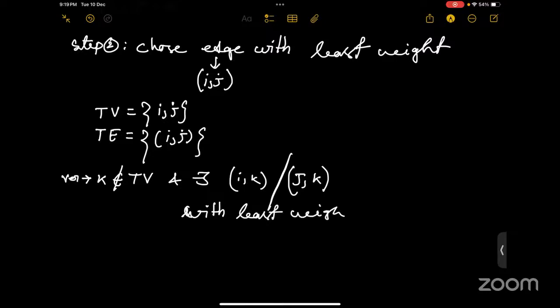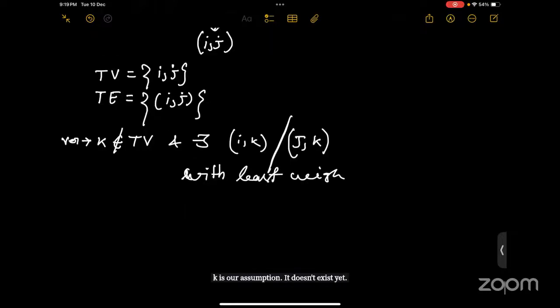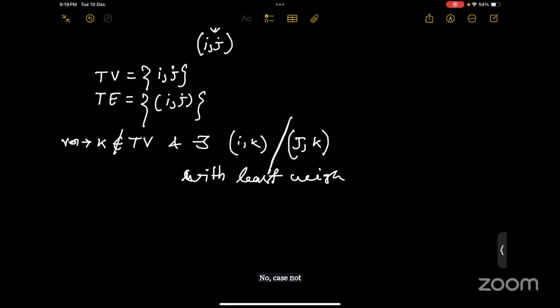K is a vertex which is not equal to i or j.